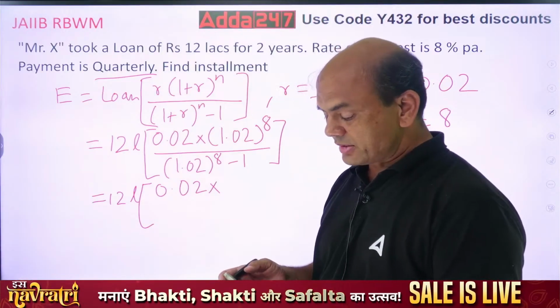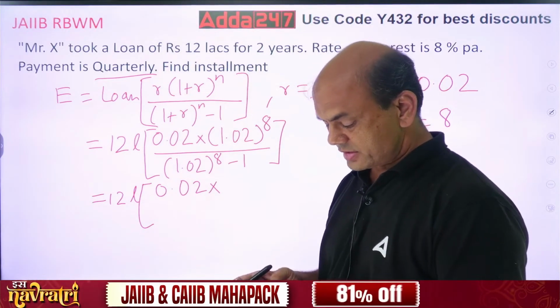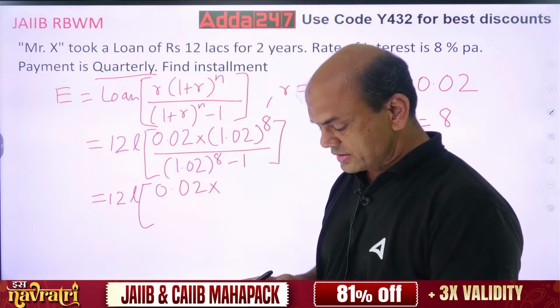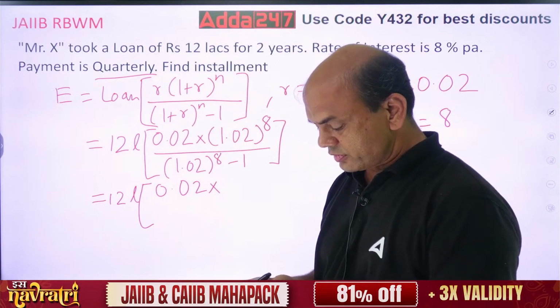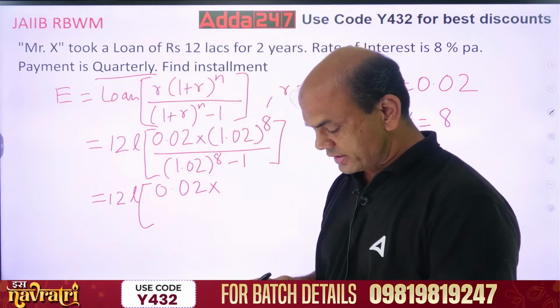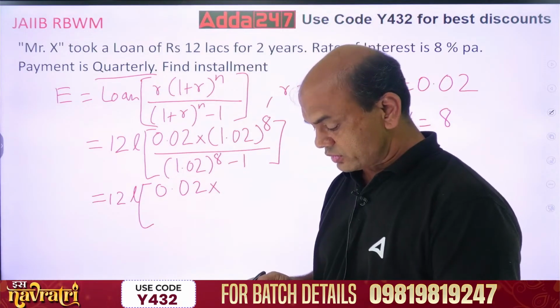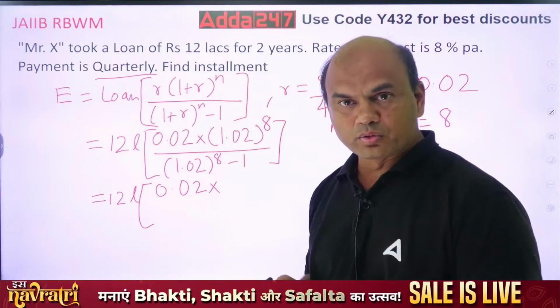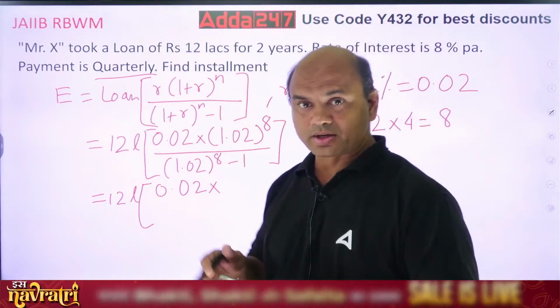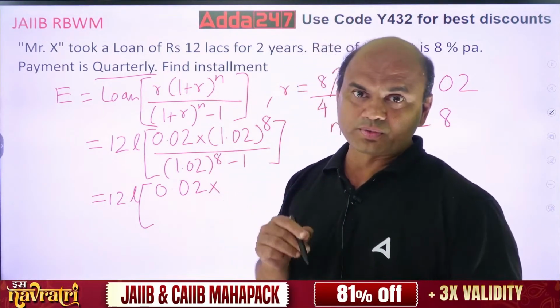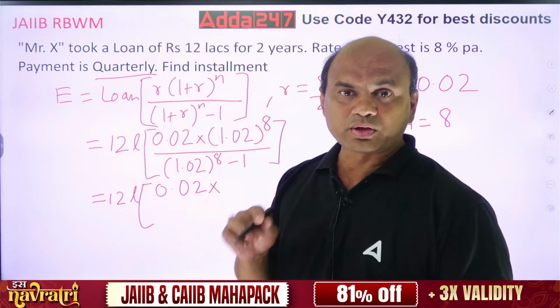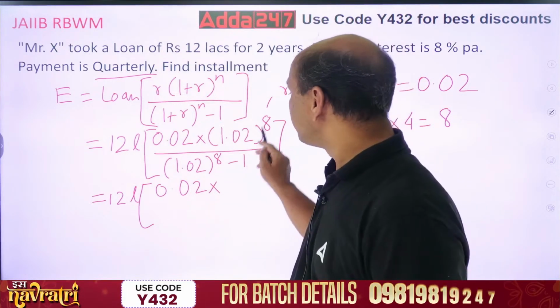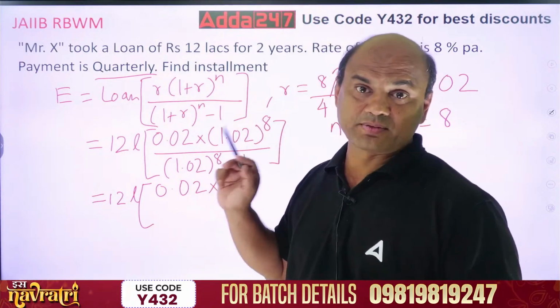So raised to 8 means what? What will you do? Just now I told you, 1.02, press into. Do it right now. Do it into, then equal to 7 times. 1 less, 7 times.